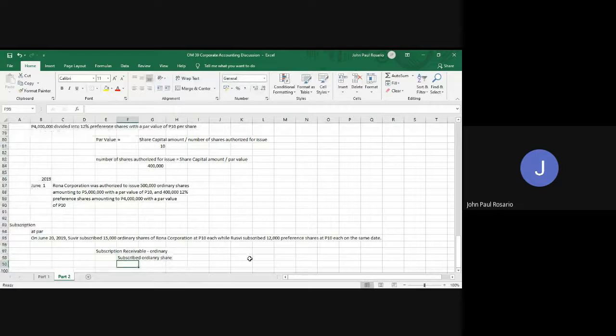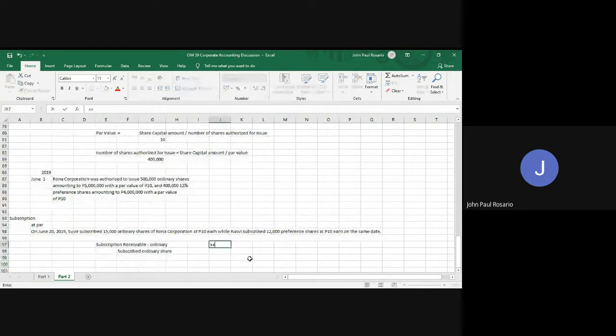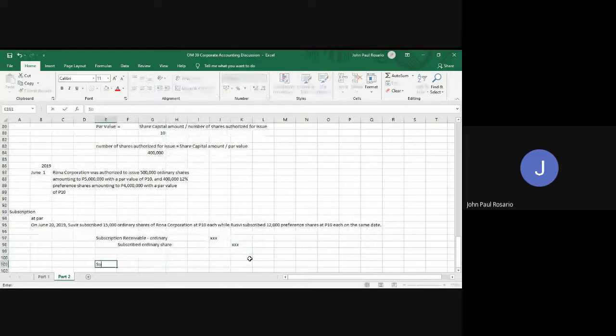If preference, the entry is subscription receivable, preference, and then subscribed preference share.